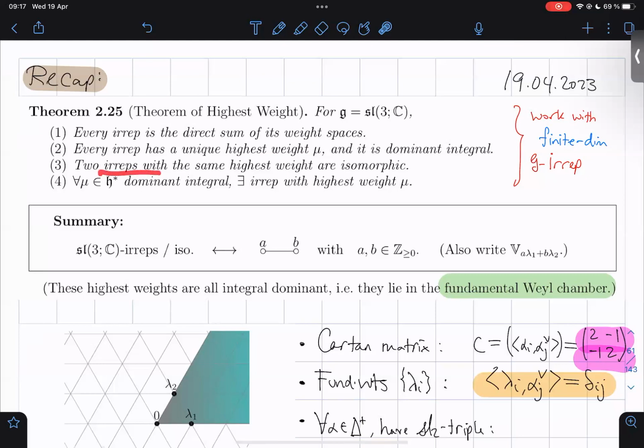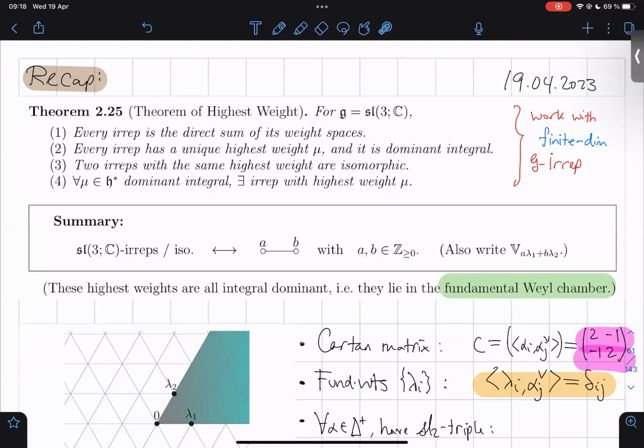Two irreps with the same highest weight are isomorphic. And lastly, the second condition says that mu being a highest weight is dominant integral. Dominant integral pictorially means that it's in this fundamental Weyl chamber. But conversely, given any dominant integral weight, there does exist an irrep with that highest weight.